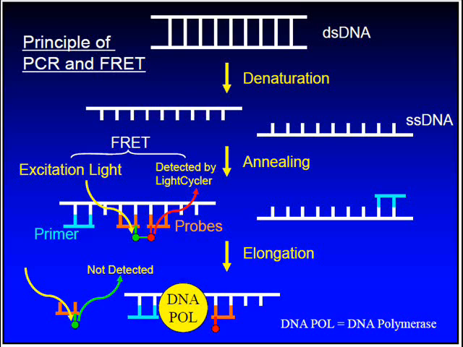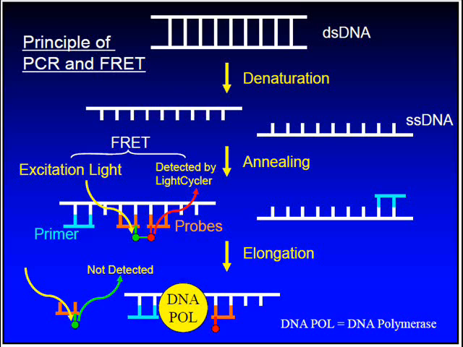At the end of each thermal cycle, we have a doubling of our nucleic acid target from when we started. Typically, PCR assays run between 40 to 45 thermal cycles in a run.